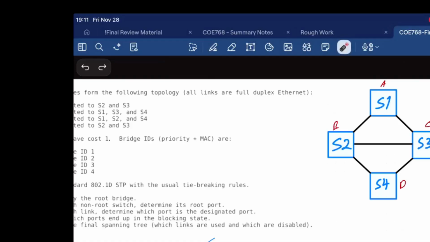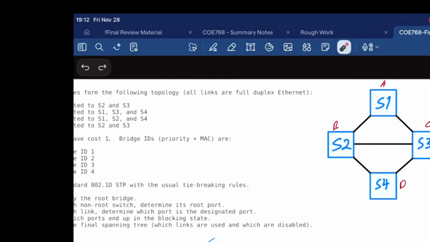Therefore, it will outright choose this as its root port. And the same with S3: it doesn't need to connect to S2 to get to S1, since it has its own connection to S1. Therefore, it won't need this connection to communicate with either one of them.